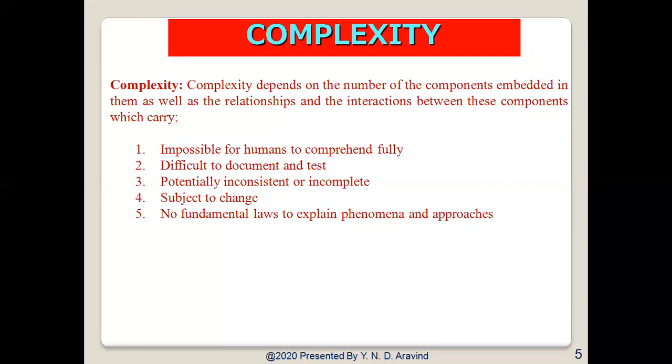Complexity depends on the number of components embedded in a system, as well as the relationships and interconnections between these components.